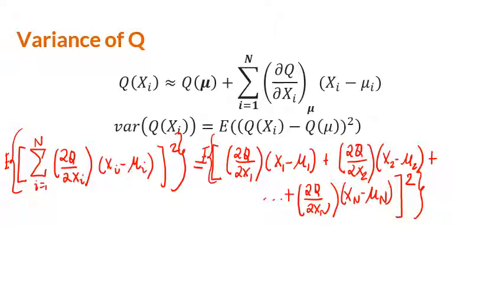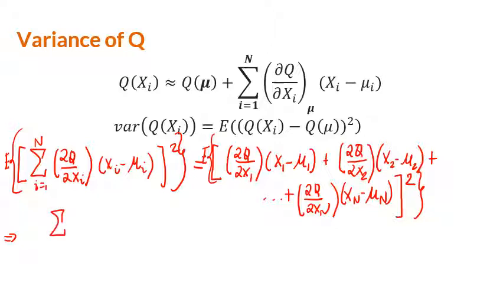So in general, in summation form, we now have yung square nitong buong ito, and then later on we get the expectation value. This is given by, yung mga perfect squares muna.